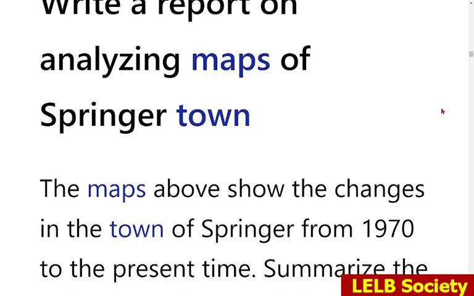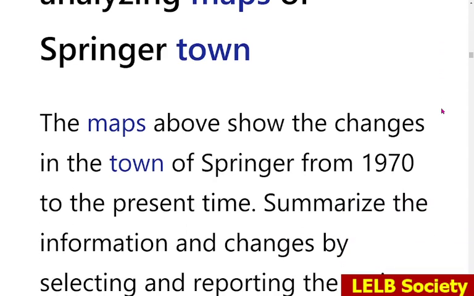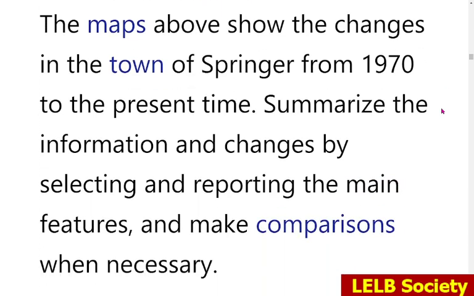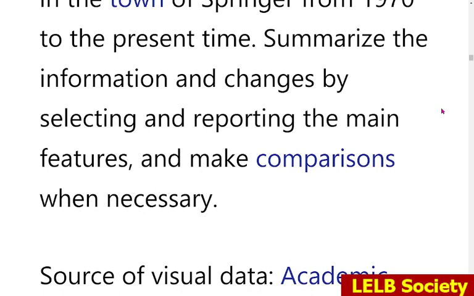This is a town. Actually, the map shows two different situations of a town, and the maps above show the changes in the town of Springer from 1970 to the present time. Summarize the information and changes by selecting and reporting the main features and make comparisons when necessary.